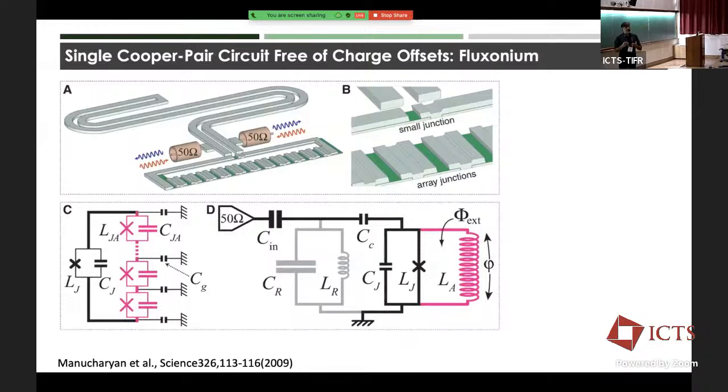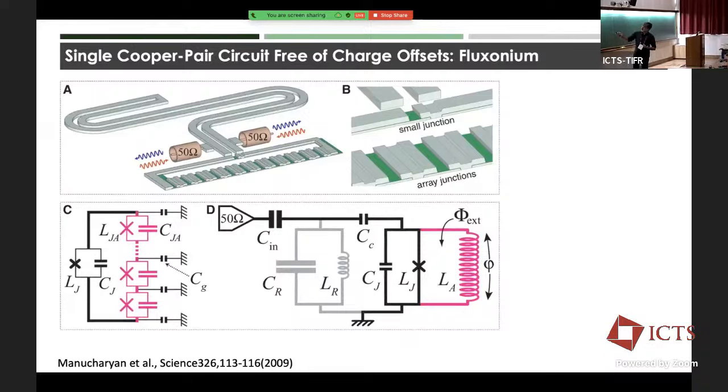And typically, because these offset charges cause low frequency noise, you need an inductor which can short it, but this inductor has to be big enough that it doesn't affect the Josephson inductance so much. Otherwise, this system will become a linear oscillator, right?